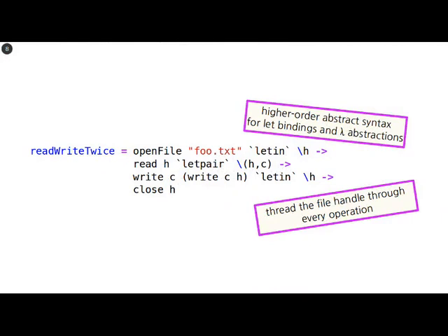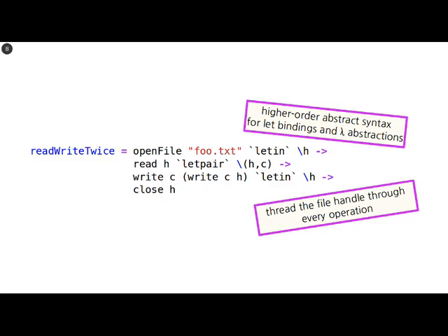We can open a file, and then we'll have some sort of let binding. And here I'm using higher order abstract syntax for let bindings and lambda abstraction. So let-in takes in an expression that opens the file handle, and also a Haskell function that takes in a linear reference to that file handle.